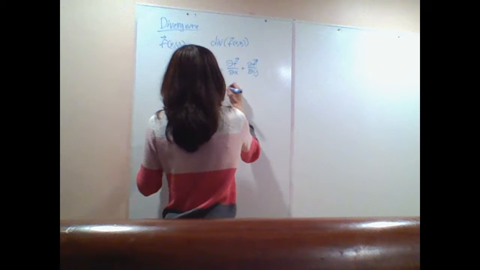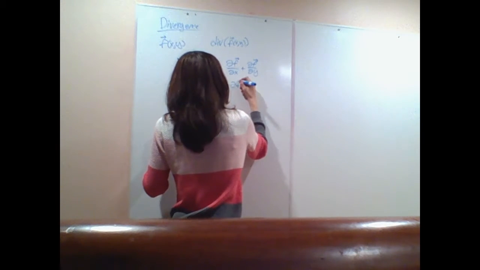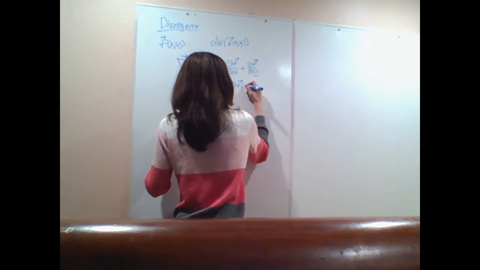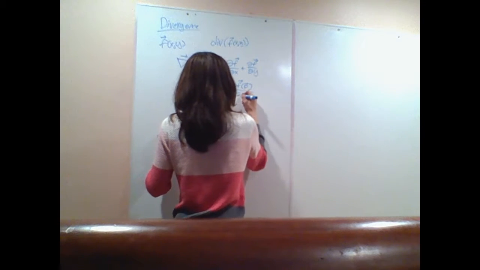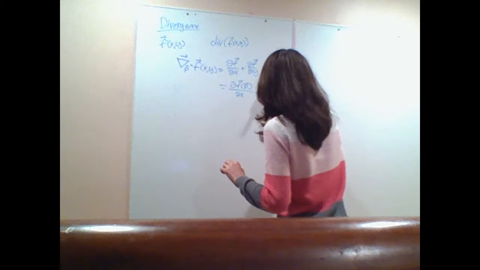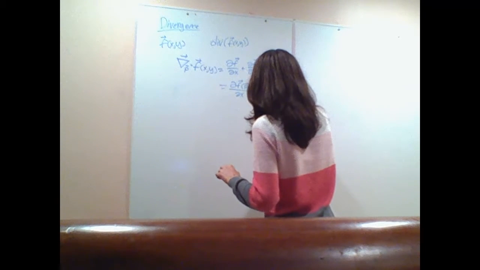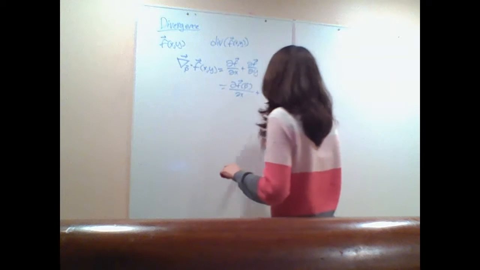So this becomes df of p over dx plus df of p over dy.